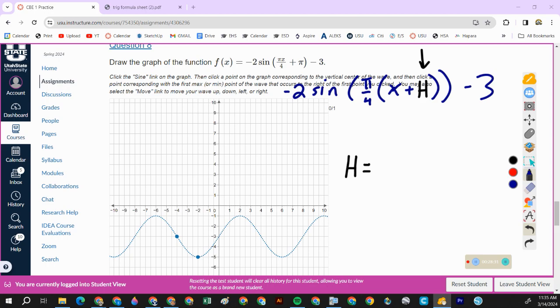I'm going to pull a pi over 4 out of that and pull a pi over 4 out of that. So pi over 4 times h is equal to pi. You see that? So we divide by pi over 4, so we invert and multiply. So h is 4.